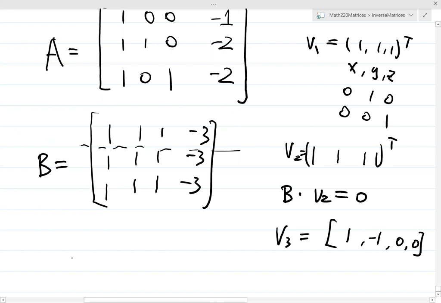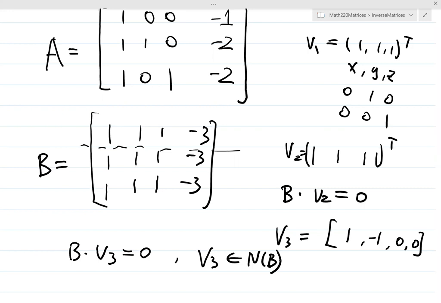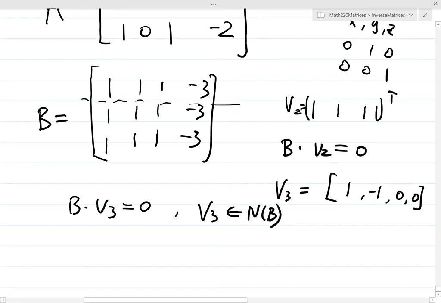You can also check that B times v3 is 0. So in this case v3 is also in the null space of B. This means the null space of the matrix B is too big. It not just contains the vector v2, it contains other vectors. This is because B has too small a rank.